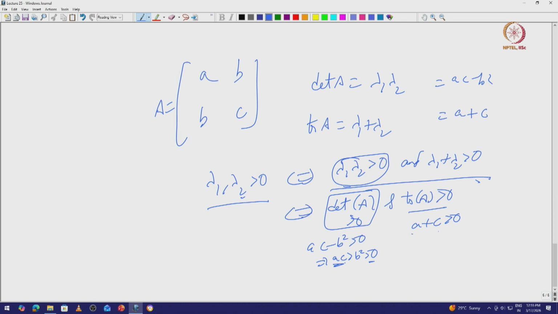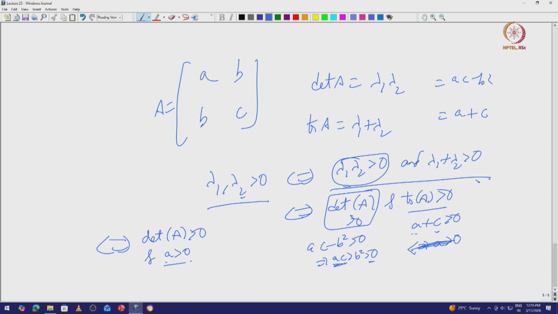But because A + C is positive, that means A is positive and C is positive, right? Which means, and it works the other way around as well. In fact, we can say that the determinant of A is positive and A is itself positive. Because if A is positive, apparently so is C, so A + C is also positive.